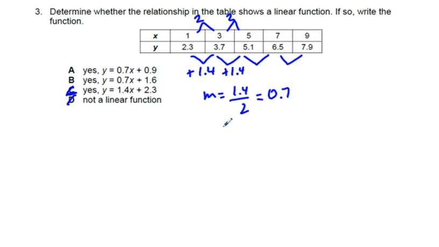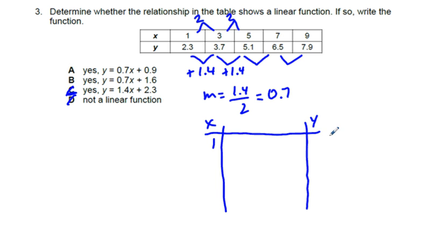And then just to go ahead and solidify this, if we say x, y, and we know if x is 1, y is 2.3. So if we have 1 times our slope of 0.7 plus something is going to equal 2.3. Well, what do you have to add? You're going to have to add 1.6.